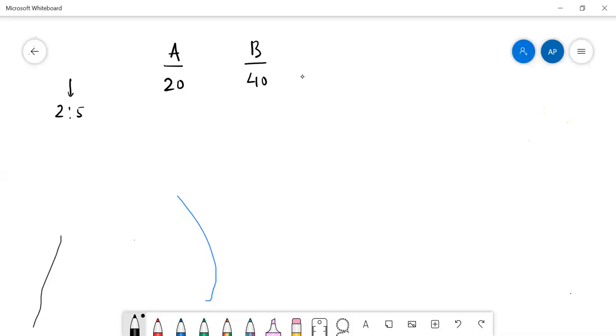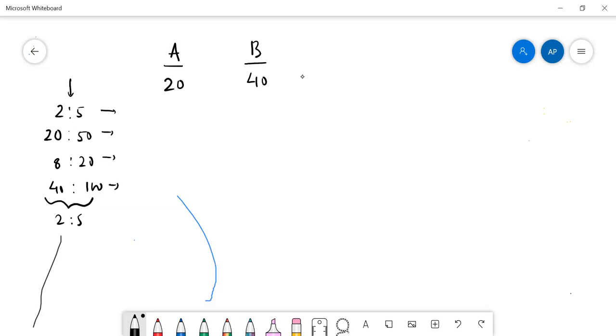So this will be true if A has 20 students and B has 50 students, or A has 8 students and B has 20 students, or A has 40 students and B has 100 students. For any combination which has the same ratio 2 is to 5, the average will be the same.